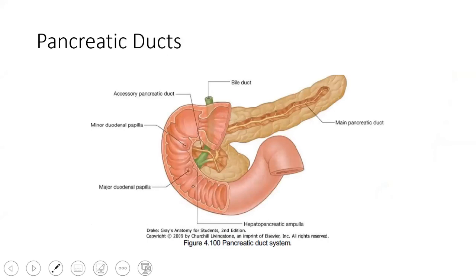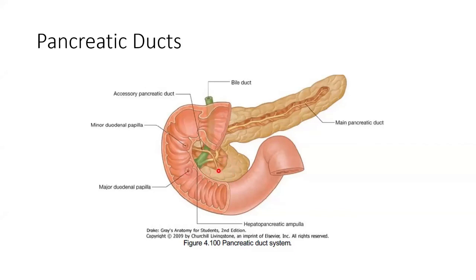When you look at the pancreatic ducts, you have the main pancreatic duct system extending from the tail to the head like this, and it joins the bile duct here and opens into the middle part of the duodenum at the major duodenal papilla, where you have the ampulla of Vater and the sphincter of Oddi.